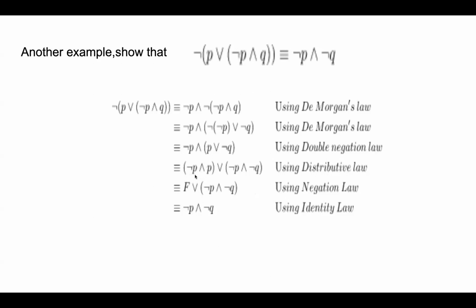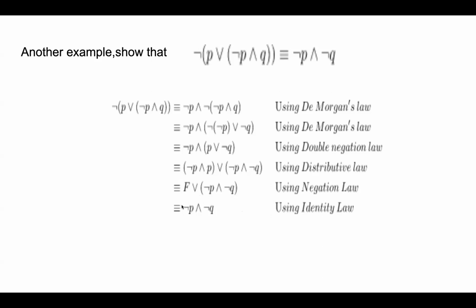We know negation P and P value is F. Okay, F or negation P and negation Q. Again we know, by identity laws, ORing of truth value F with any operation gives us the same operation.